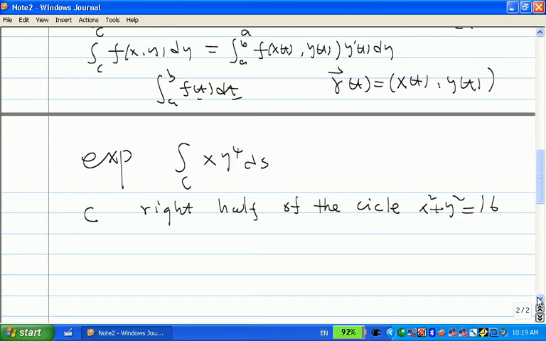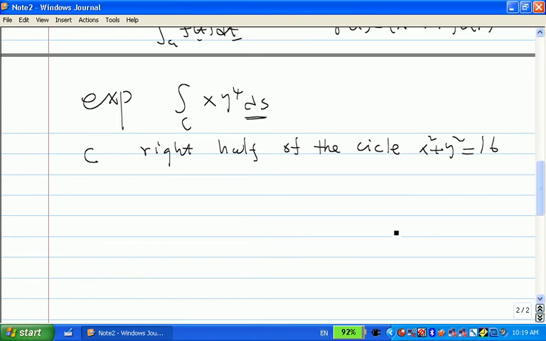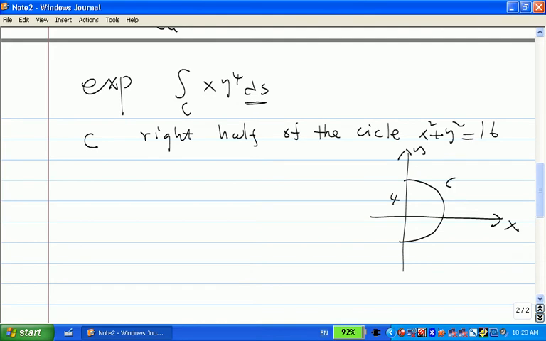So once you get a line integral, first of all, look at this: is it ds or dx or dy? Now let's see what our curve looks like, x and y. C is the right half of that circle, with radius 4. So this is our C.